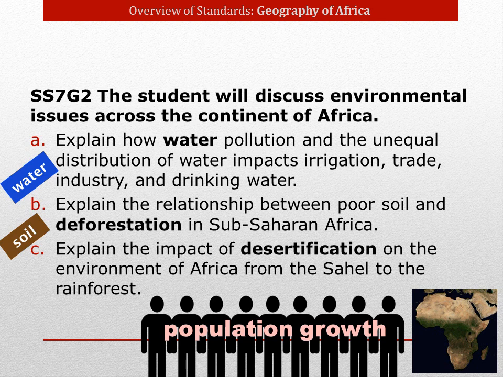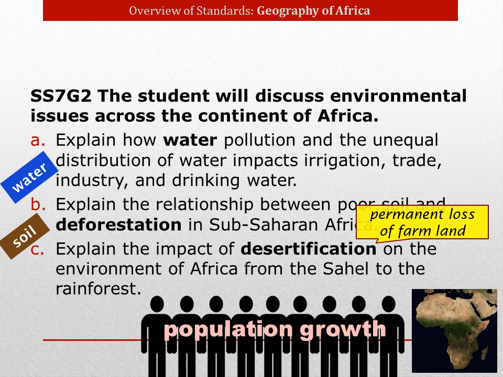In element C, explain the impact of desertification on the environment of Africa from the Sahel to the rainforest. Desertification, that's the permanent loss of farmland. That's when you have otherwise good arable land with fertile soil, and for various reasons, usually involving erosion from overgrazing or overcultivation, that's not managing the farmland well, that good soil goes away, and instead of arable land, you're left with desert.